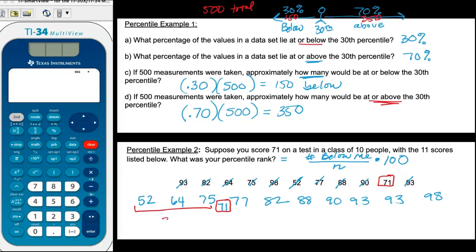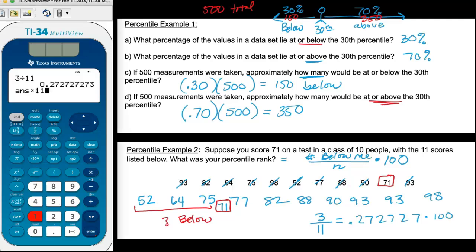Well, there are 3 scores below, so I'm just going to take that number, 3, divided by the total, which is 11, and I'm going to divide that in my calculator, and I've got a decimal, 0.272727. And if I convert that to a percentage by multiplying by 100, so I could just do that right in my calculator, times 100, I get 27.272727.